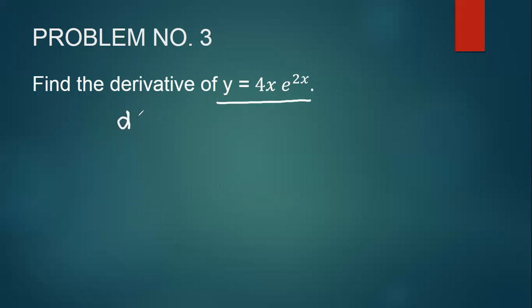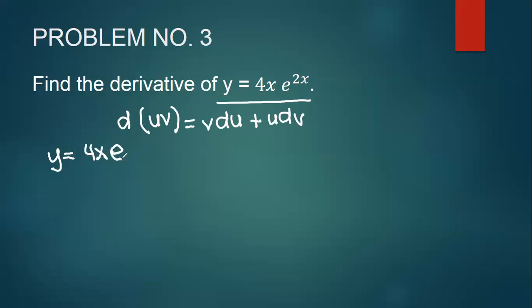The product rule, the derivative of u times v, is v du plus u dv. I'm going to write the function again. So y is equal to 4x times e raised to 2x.